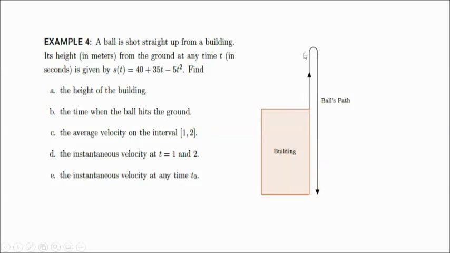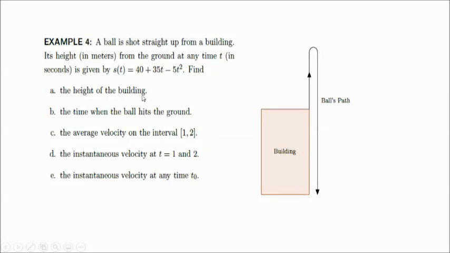So yung height ng ball in meters from the ground at any time t in seconds is given by this position function. So ibig sabihin, class, itong height ng ball from the ground siya, ito yung function niya.